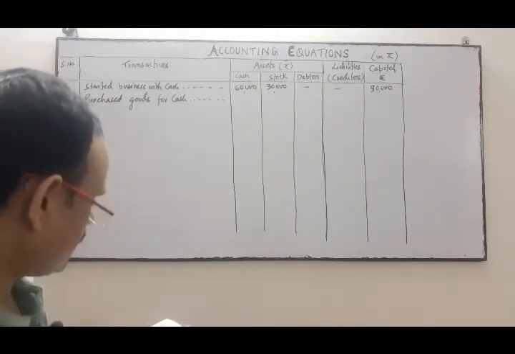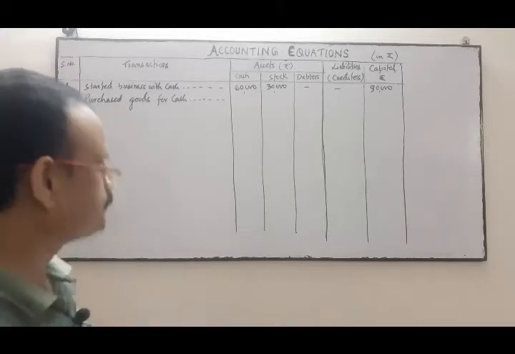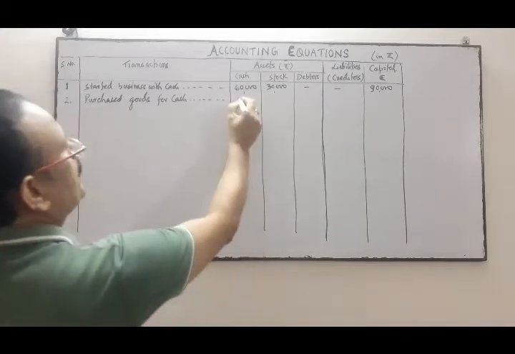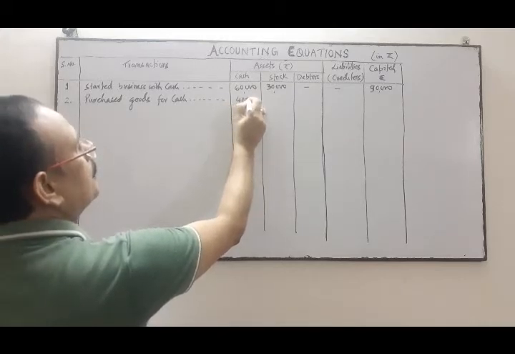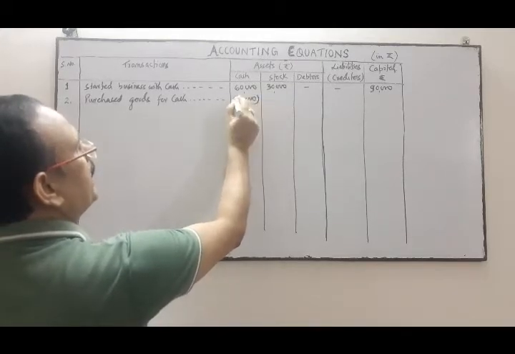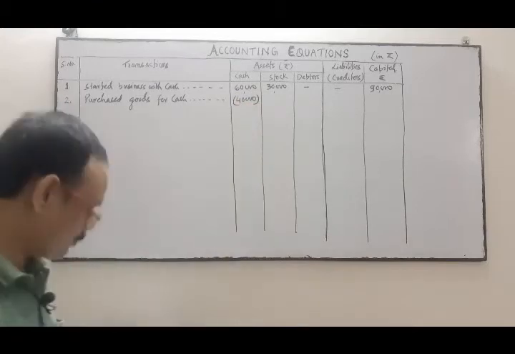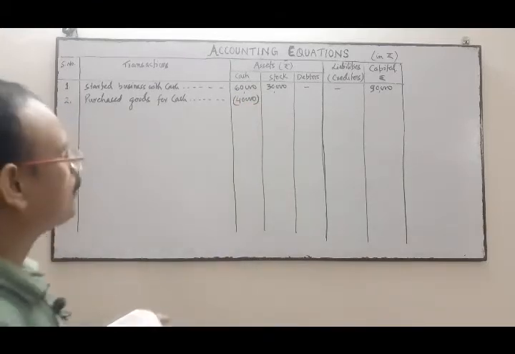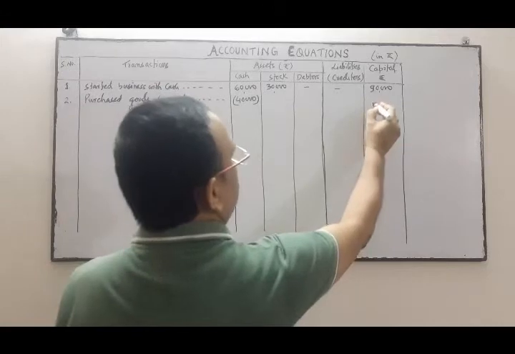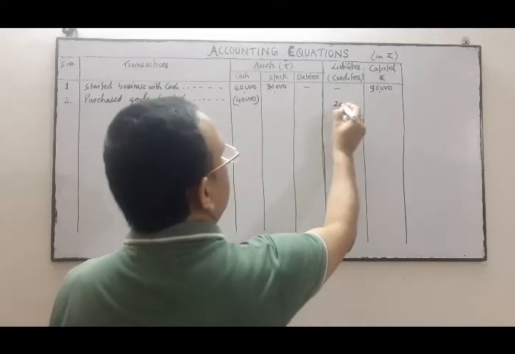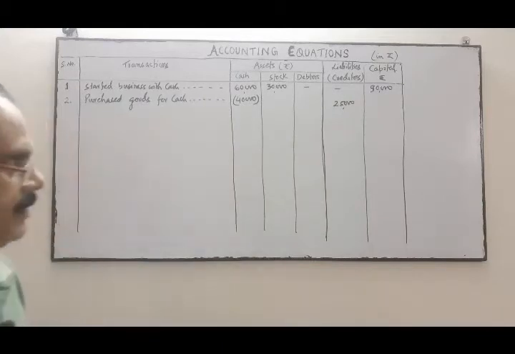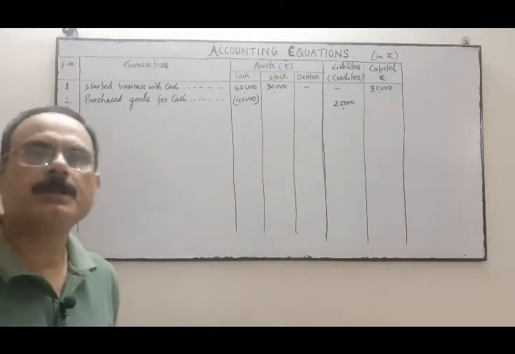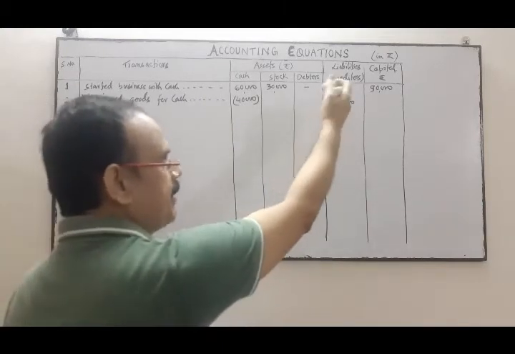When the business purchases goods for cash, your cash will reduce because you have made the payment by cash. So cash balance will reduce by 40, and 25,000 of goods is purchased on credit, so creditors increase by 25.